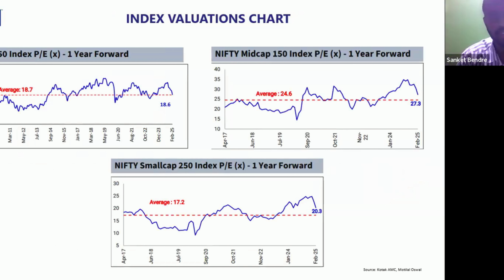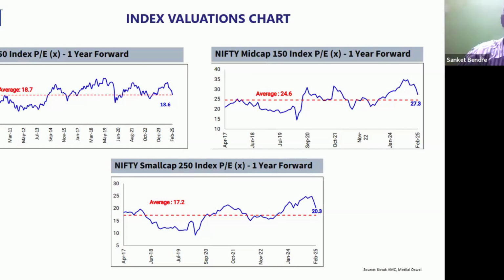This indicates that most of the companies listed in the Nifty 50 index are trading at a fair valuation currently, as the forward P/E came down from 19.2 in January to 18.6 in February. So this indicates that the Nifty 50 is currently trading at a fair valuation.